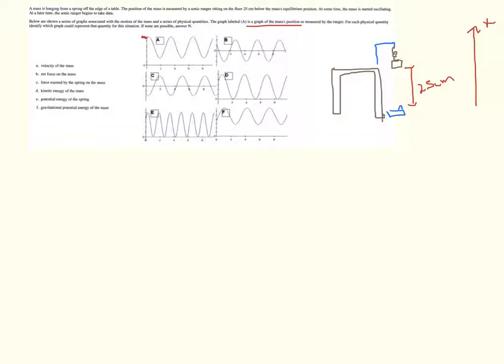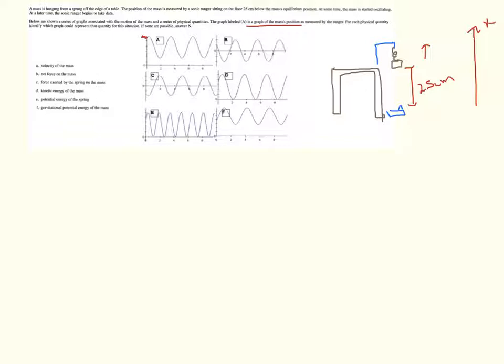So when it's going more positive, it's moving further away from the Sonic Ranger, and when it's decreasing, it's moving closer to the Sonic Ranger. That tells me that it's still moving upwards a little bit at time equals 0, because this graph isn't quite at its maximum at time equals 0.